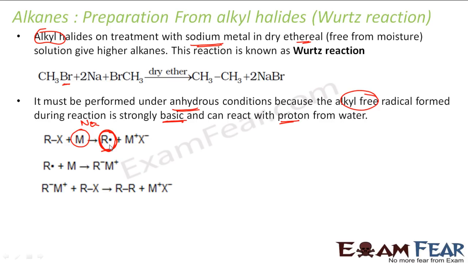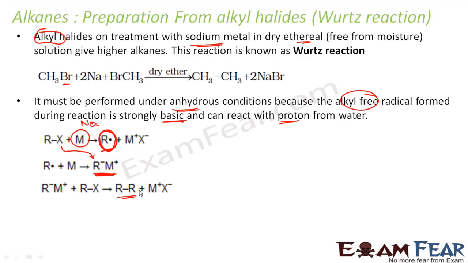Correct? So it has to happen in the anhydrous state. Then this free radical reacts with sodium to form R-Na+. I am giving it more ionic character, and when this reacts with RX, you get R-R.